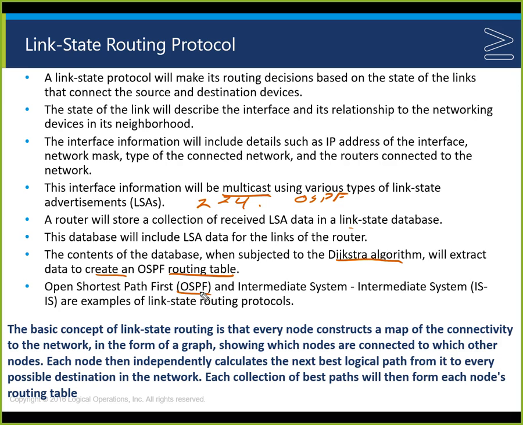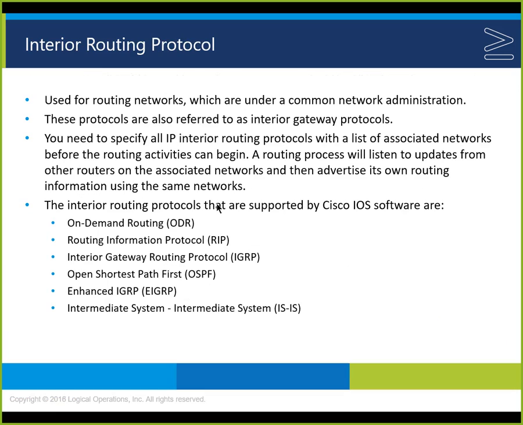OSPF, if we have a mixed network like Joel's saying he's working with, OSPF is going to be the preferred protocol. If we have a completely Cisco network, EIGRP, the hybrid protocol, is going to be the one that would be preferred. RIP, small network, chatty, classful, we can't do any subnetting with it.